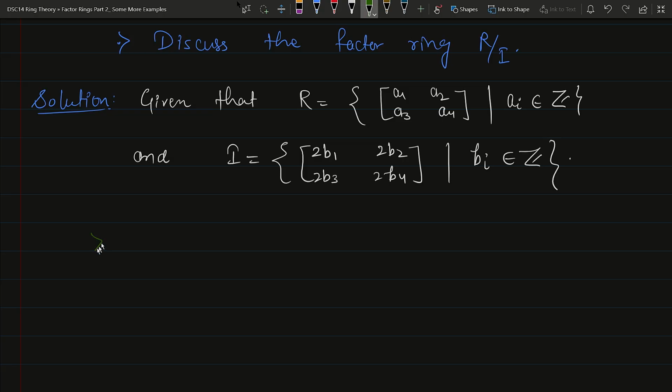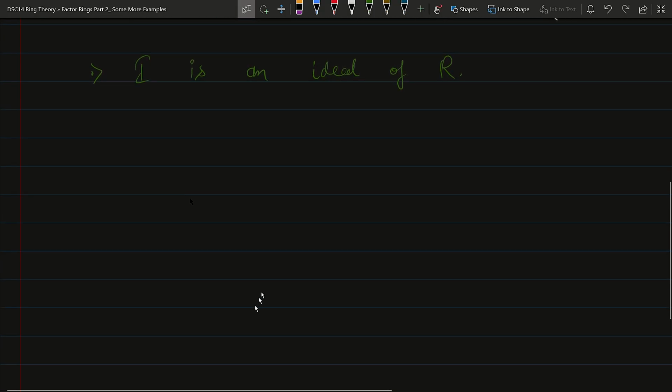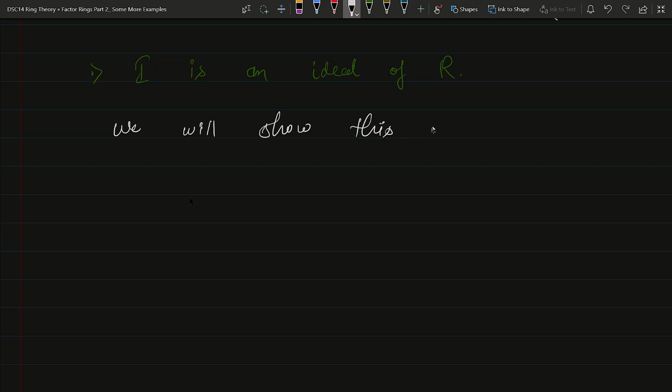Okay, so first, I is an ideal of R. And how can we prove that? We will choose any two elements and then apply the ideal test. So we will show this using the ideal test.